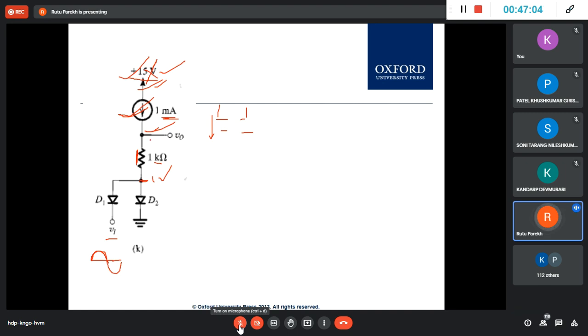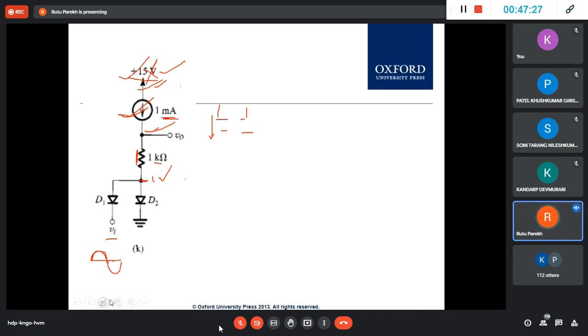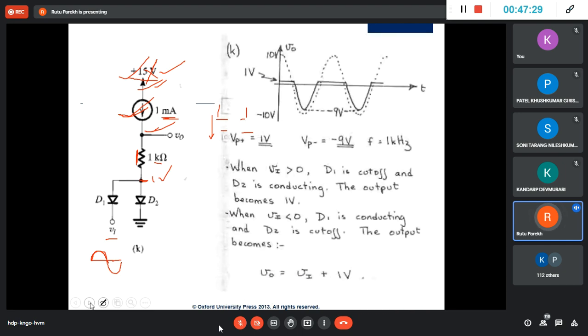Okay. So the voltage here is what? 1 volt. Yes, it is 1 volt. So if I am talking, see the voltage is 1 volt for this positive half. 1 minute. See, if I am showing you step by step, then sorry.